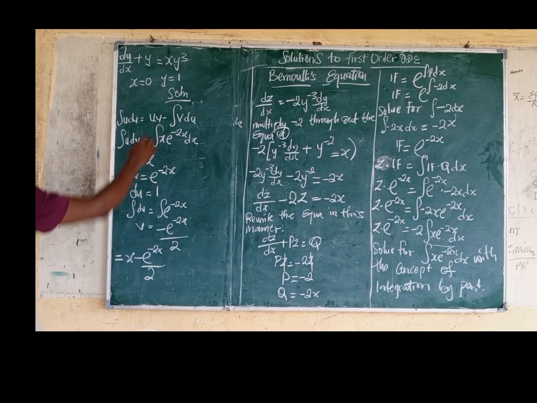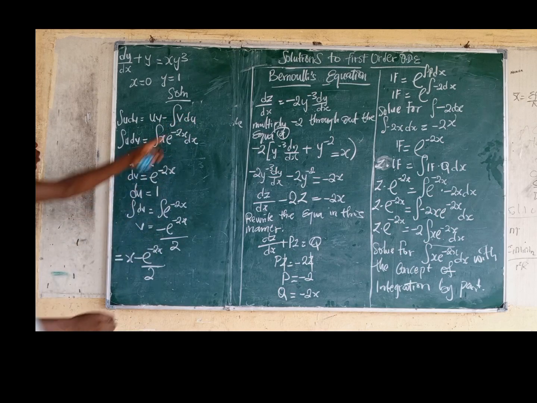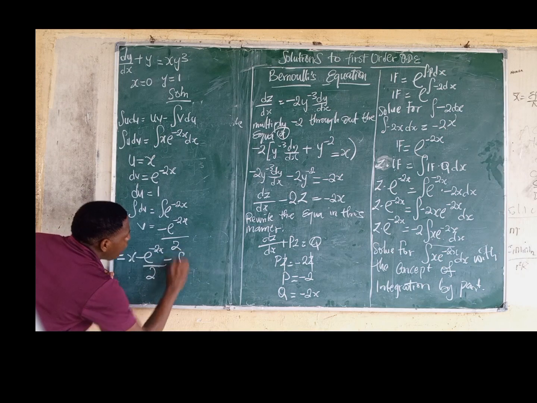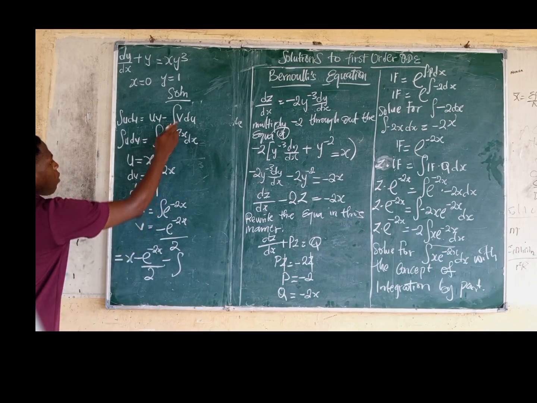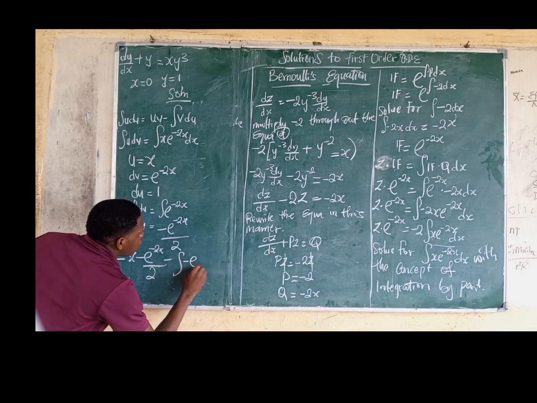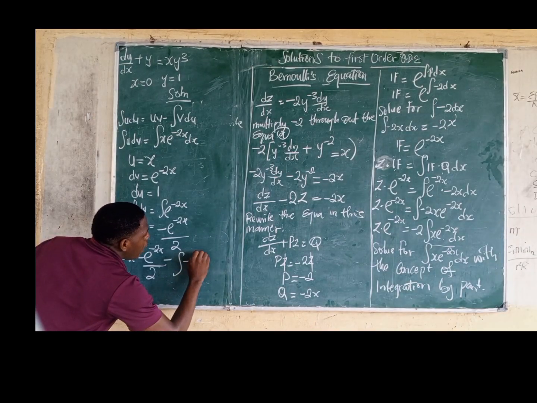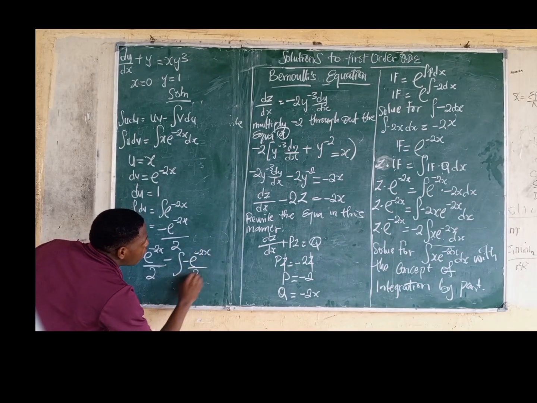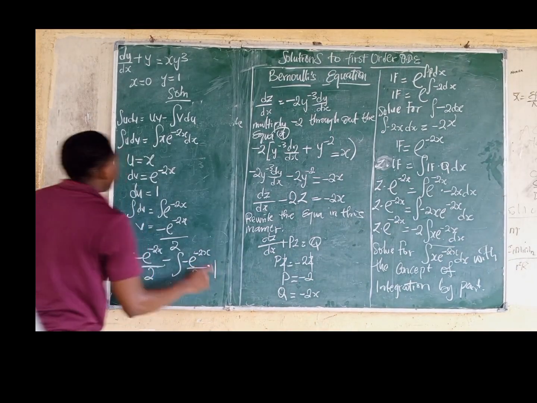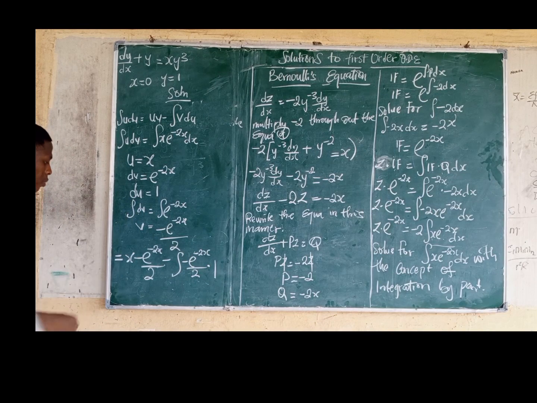What is the next thing? Subtraction, the integral of v du. We know v and we know du. So this is minus the integral of our v, minus e^(-2x) over 2, multiplied by 1. The 1 is our du.